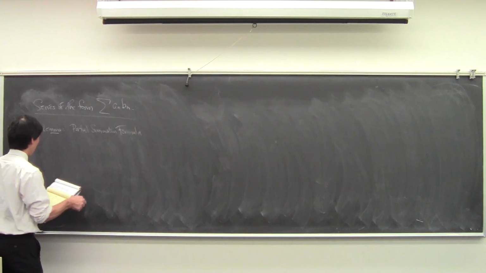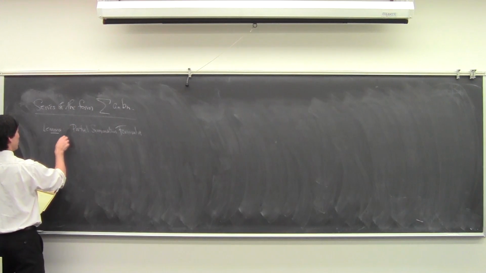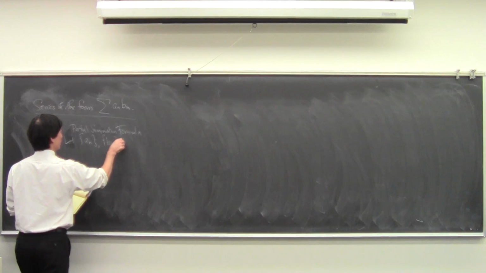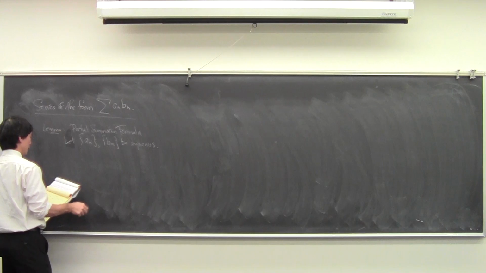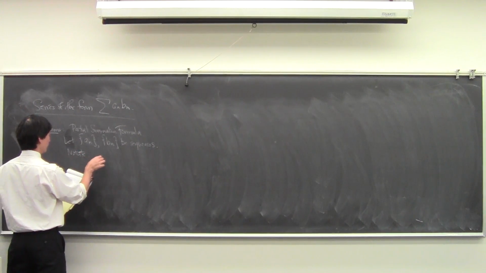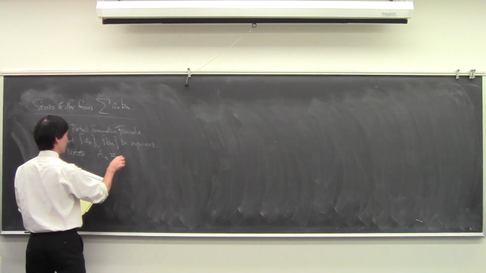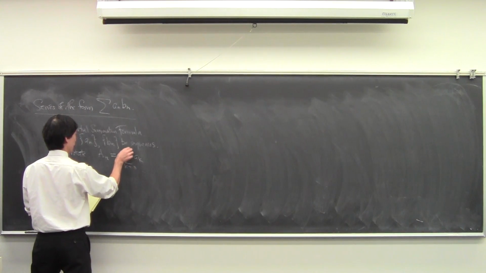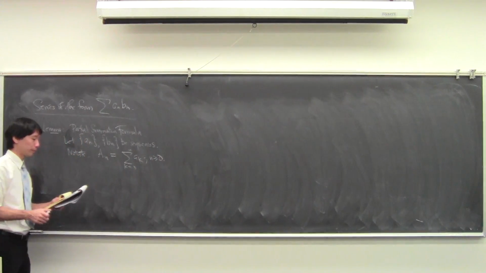So here it is. You have two sequences, let A sub n and B sub n be the sequences. Let's notate capital A sub n as the partial sum from k equals 0 to n, where n is bigger than or equal to 0.